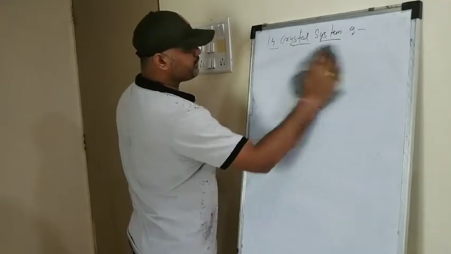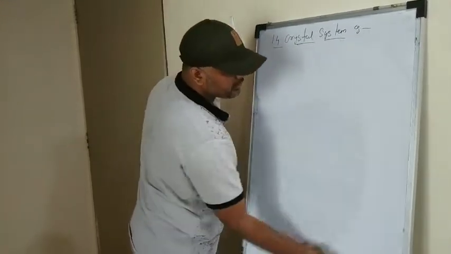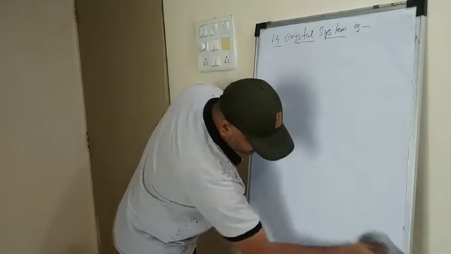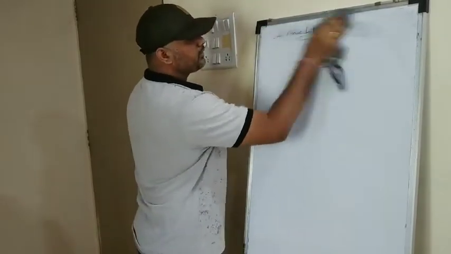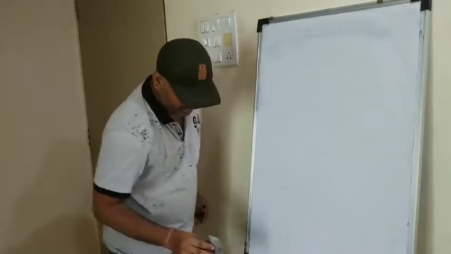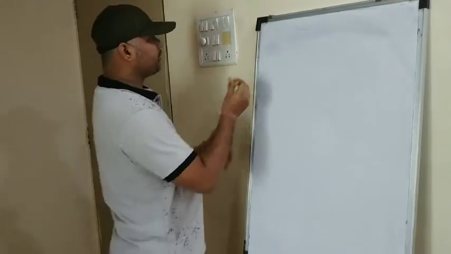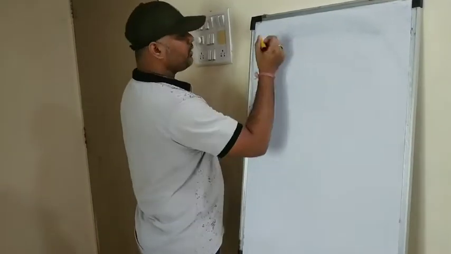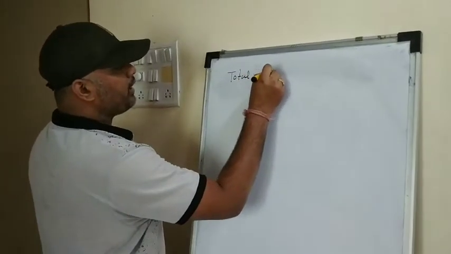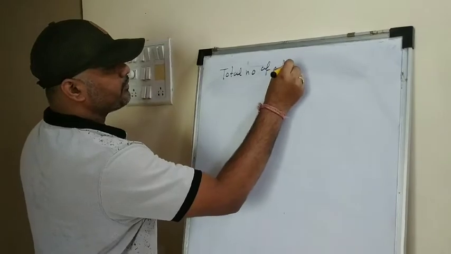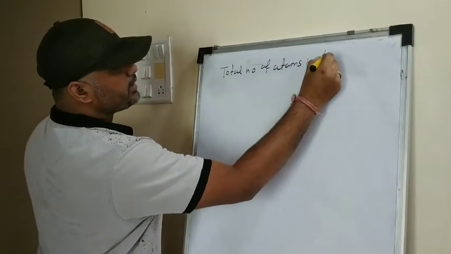Talking about the next topic. The next topic is also a very important topic. That is calculation of the total number of atoms. You can note it down. Total number of atoms in the unit cell.